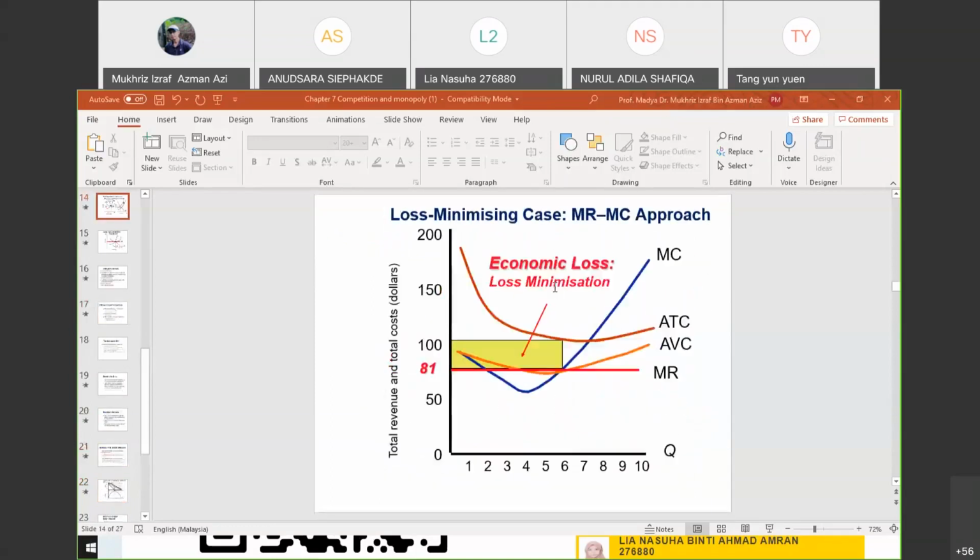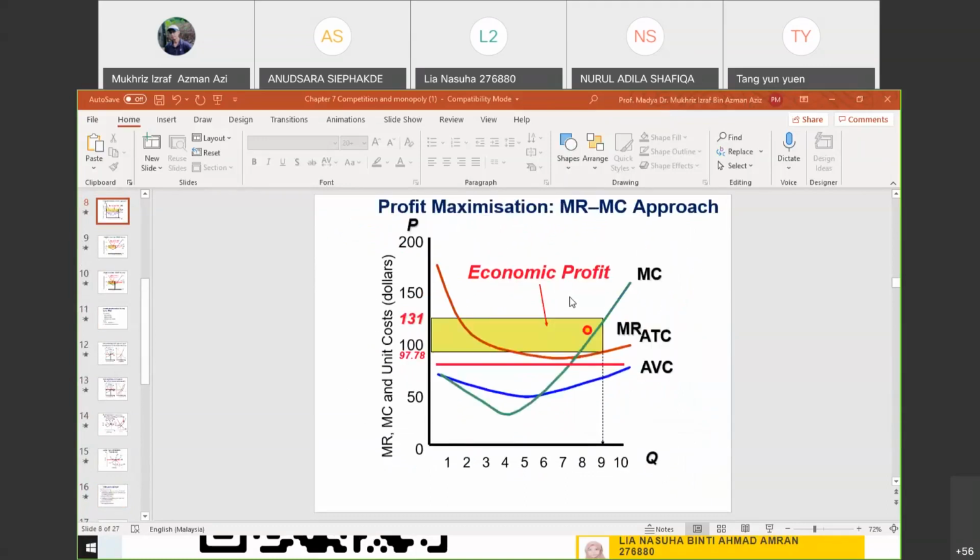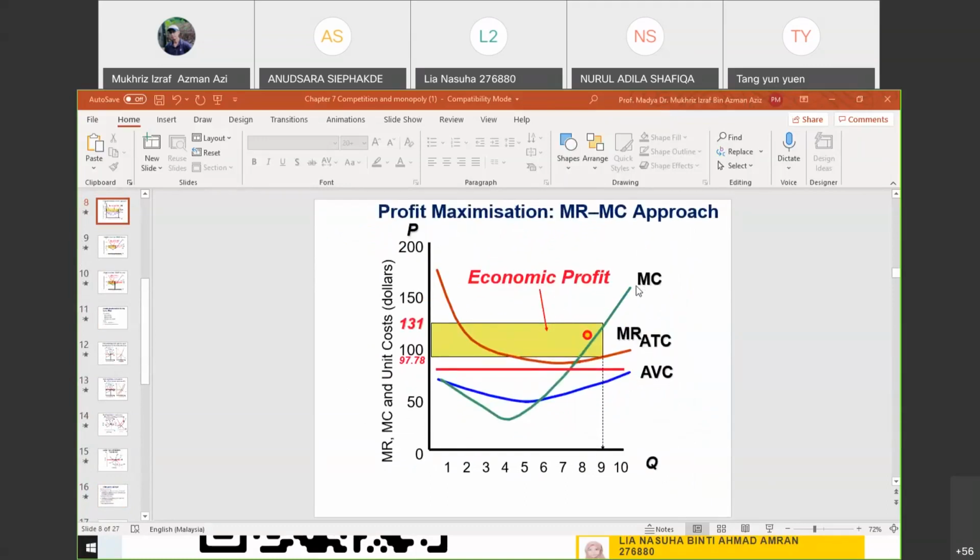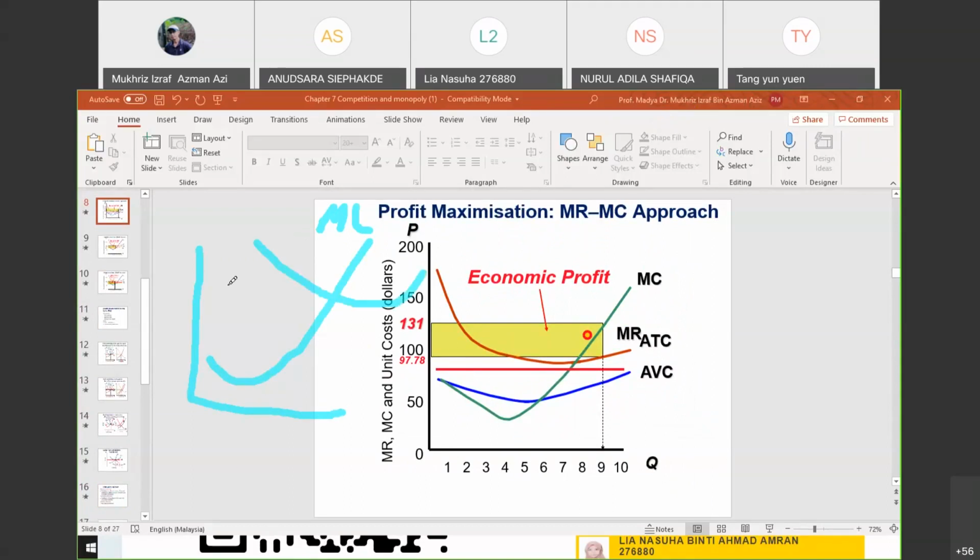So let me quickly recap what you learned from perfect competition. Whenever you draw a perfect competition market, the main thing is to draw the marginal cost curve, the MC, then the average cost curve, and the average variable cost curve, and then your price line.